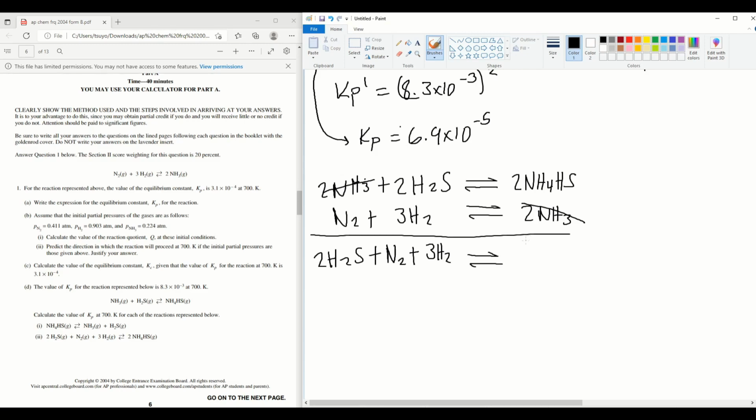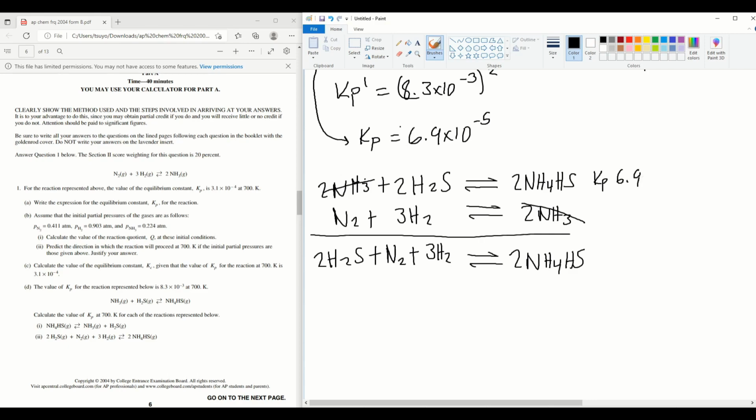And then that gives us 2 NH4HS. So we can see that this reaction here is the same as the one that we need to find the value of Kp for.